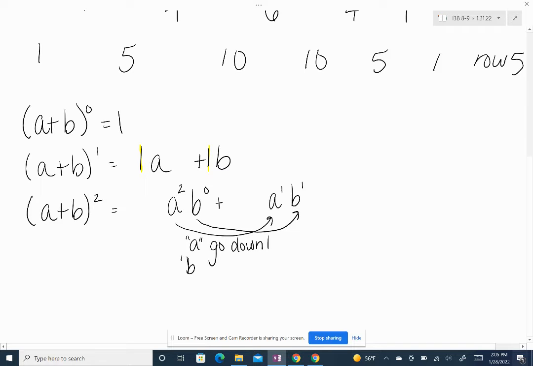B is going to go up by 1. And then we continue the pattern until you run out of your A's. So I have a to the 0, b squared, and that matches my coefficient right here.